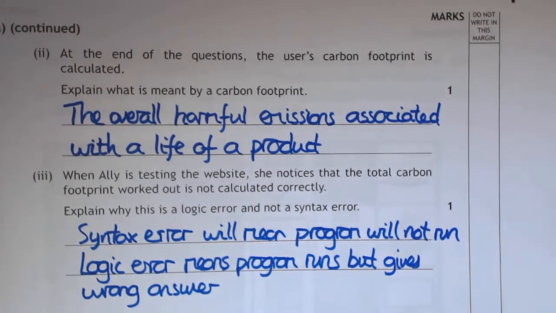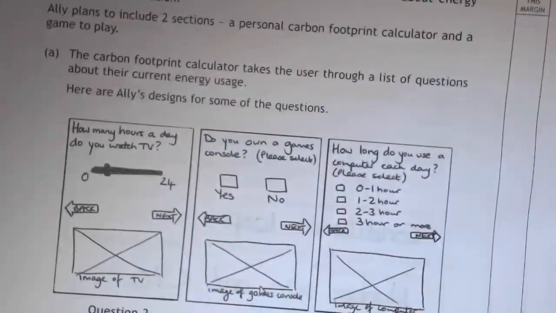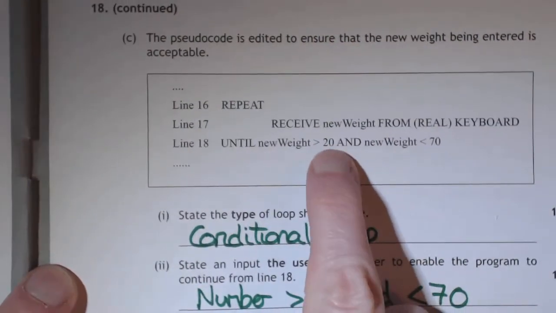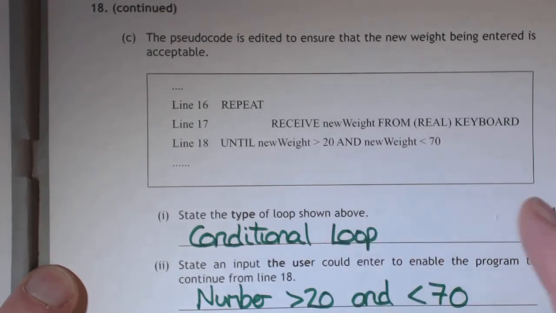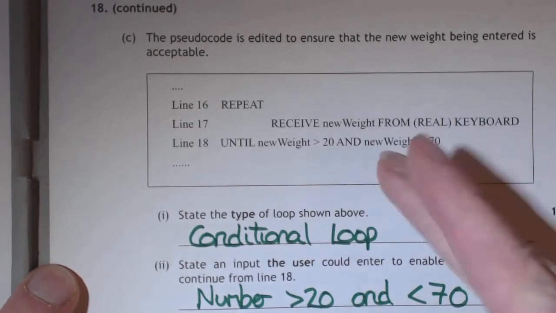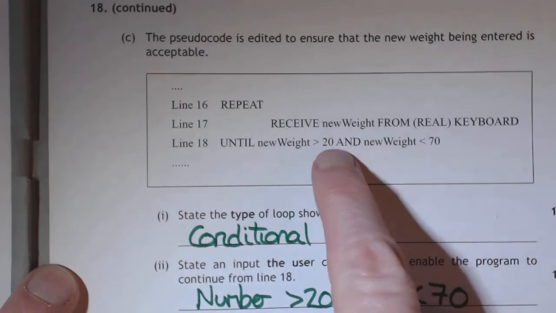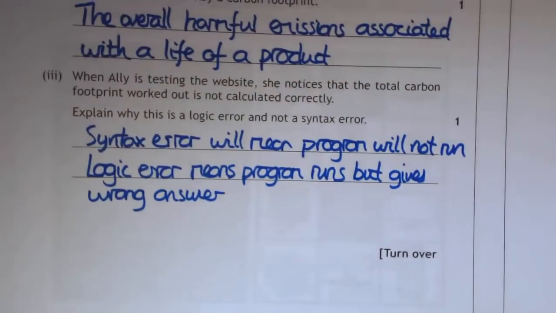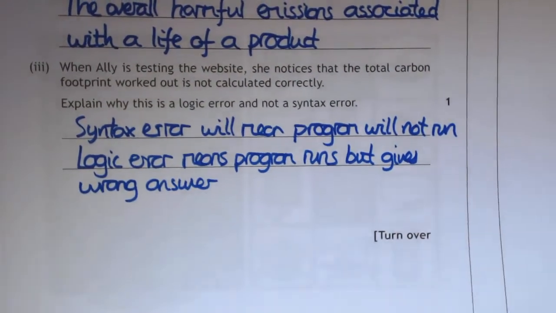With a logic error, it does run, but it might not be correct. And you could see that in the previous question. So a wee bit of logic there. If I, instead of and, said or, then it would output something, but it wouldn't be correct. So that's logic. So this wee bit's your logic. That's where we are with that question.